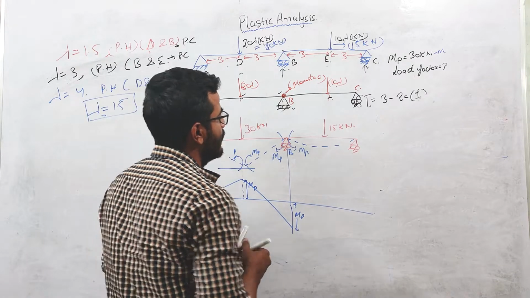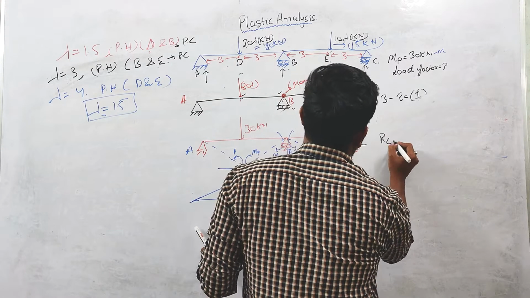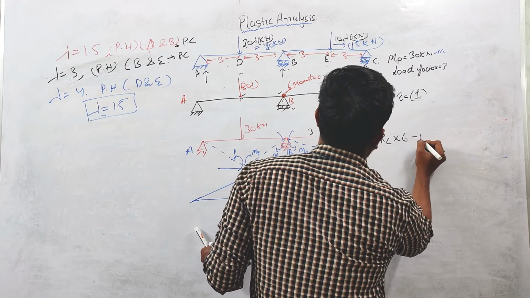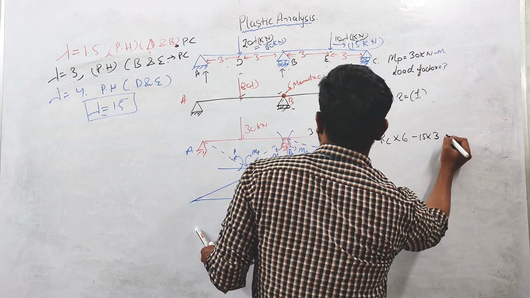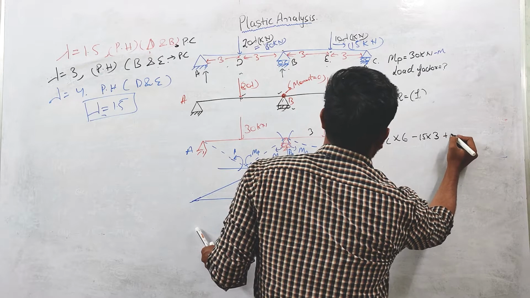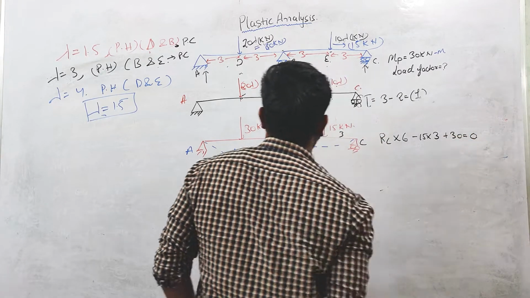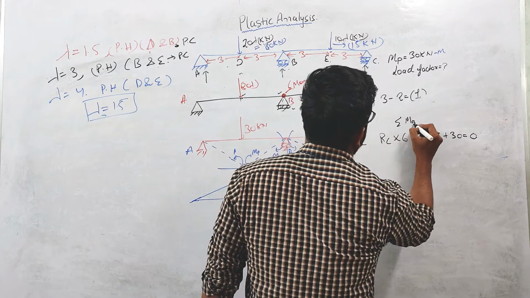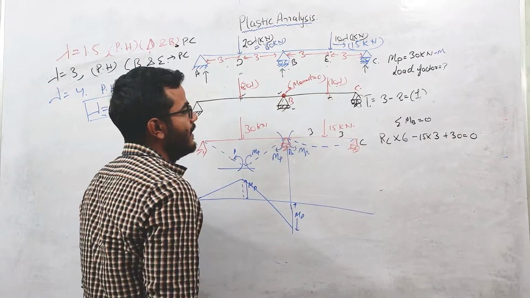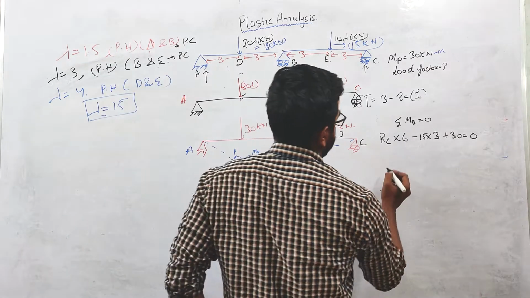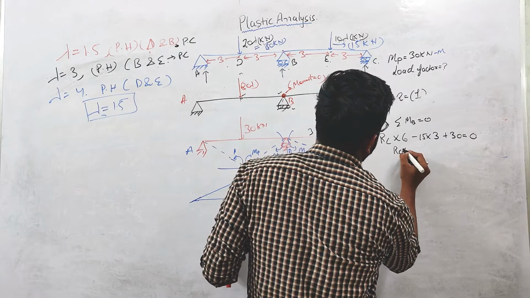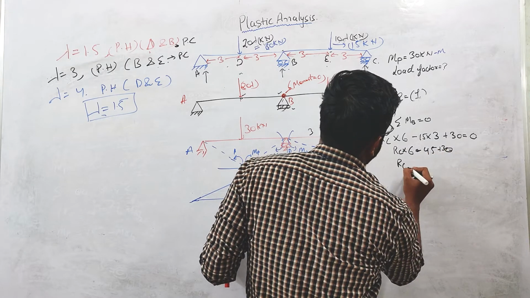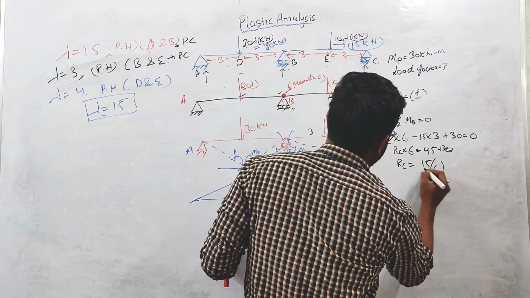You calculate the RC reaction: RC into 6, this is 3, this is 3, minus 15 into 3 plus 30 equals 0, taking moment summation about B equals 0. So RC into 6 equals minus 45 plus 30, so RC is 15 by 6.